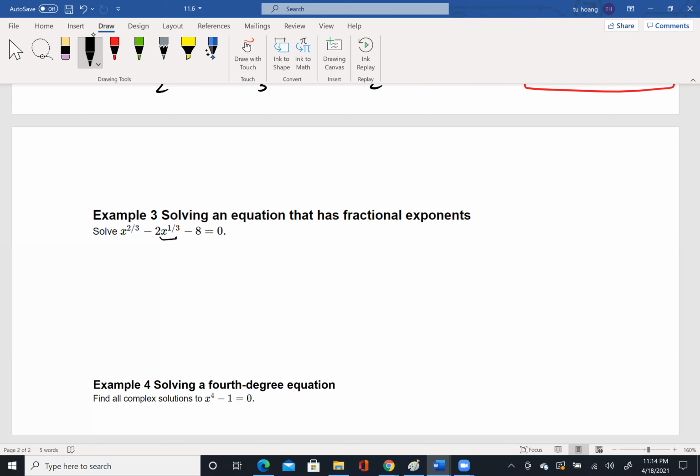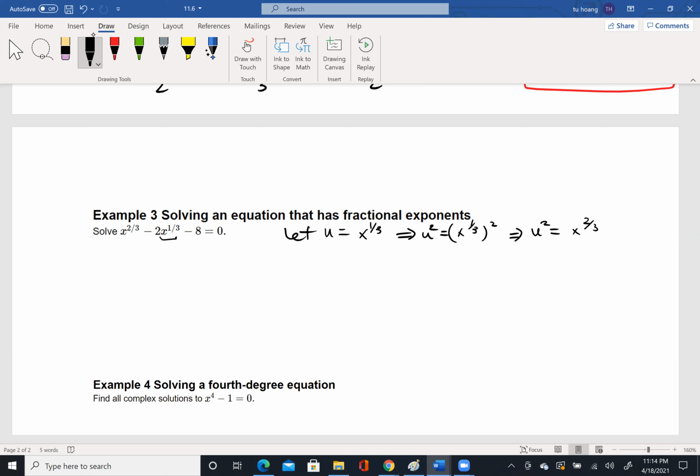So here let's say u equal to x to the power 1/3. Then when you square it, you have x to the power 1/3 squared, and u squared will be equal to x to the power 2/3.